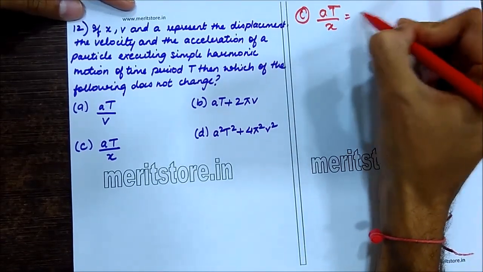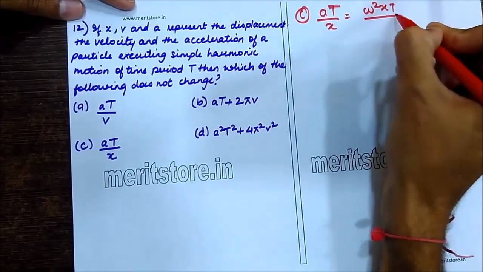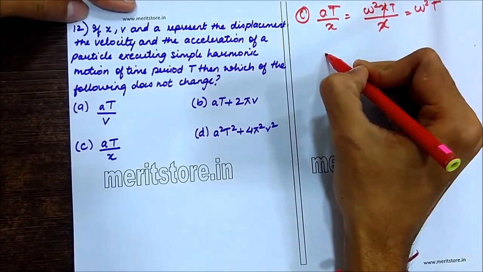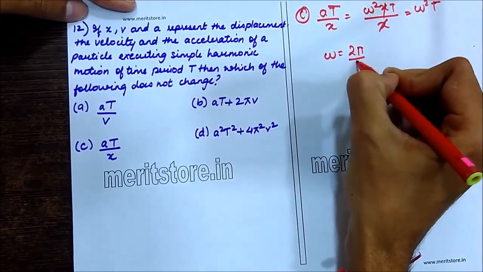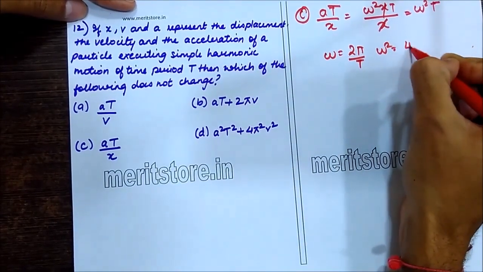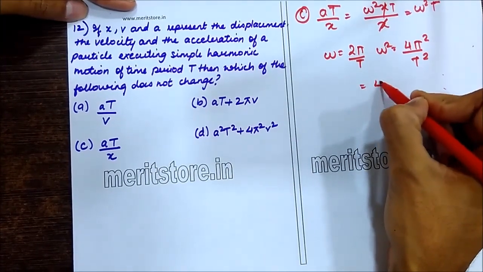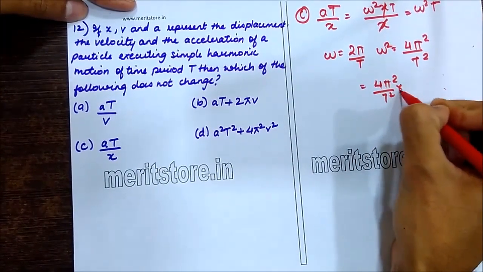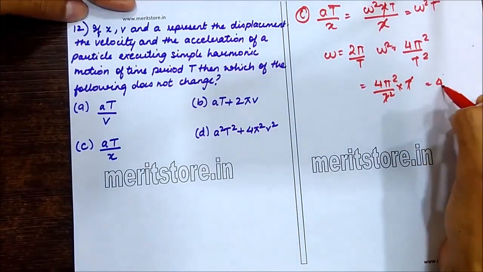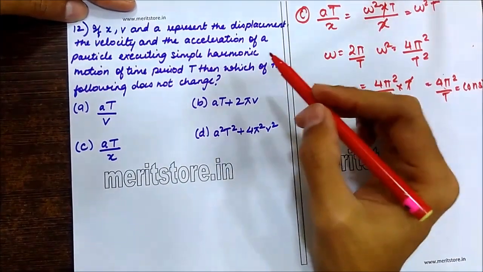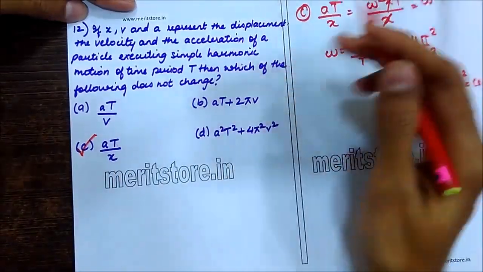We know acceleration equals omega square x, so omega square x upon x times T. So x gets cancelled, we get omega square T. We know omega equals 2 pi by T, so omega square becomes 4 pi square upon T square. So 4 pi square upon T square into T gives you 4 pi square upon T, which is a constant. Hence the value aT by x will not change.